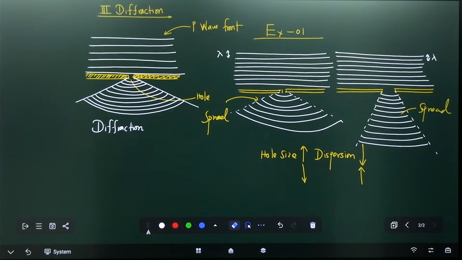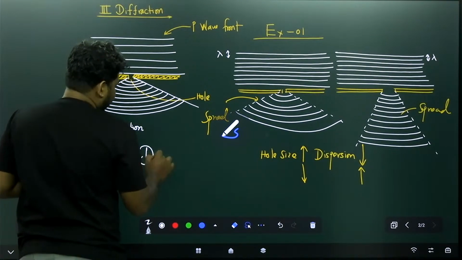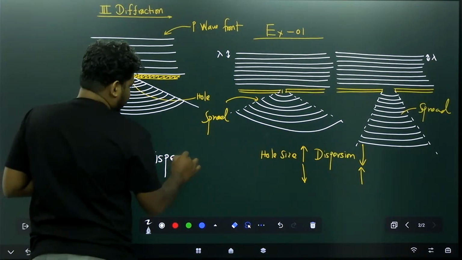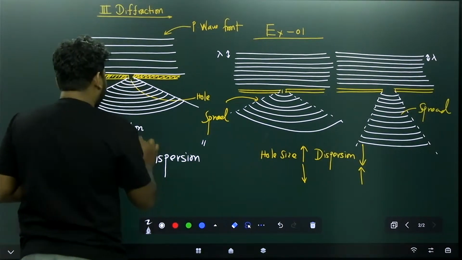We can use the word dispersion of wave. Dispersion means spread.